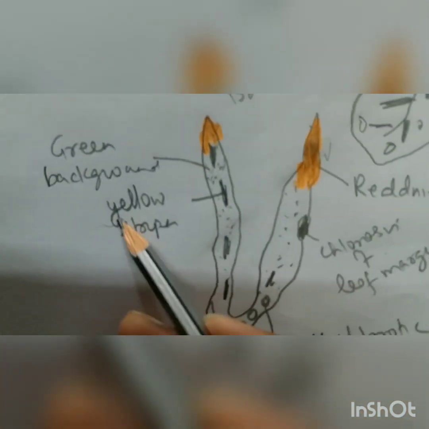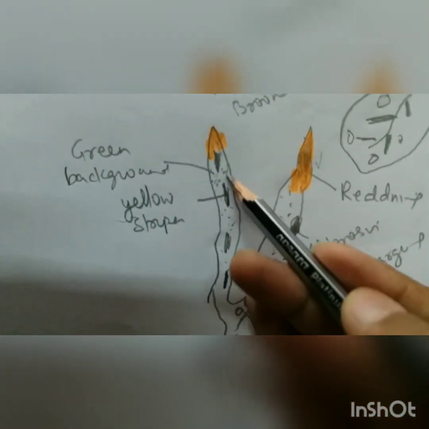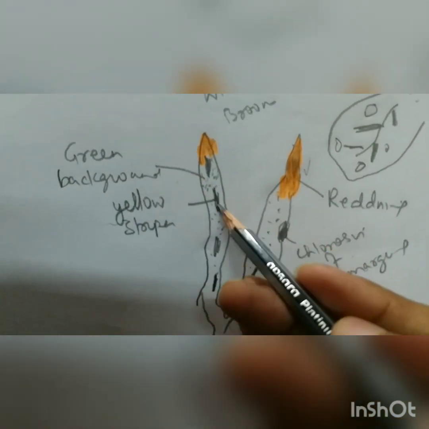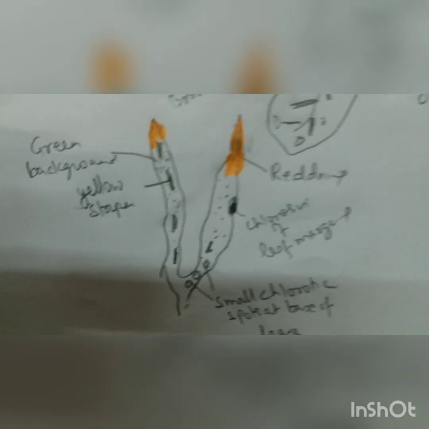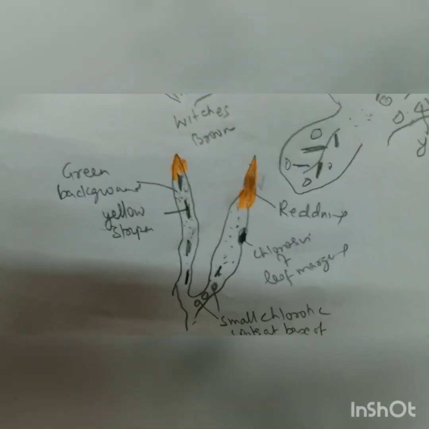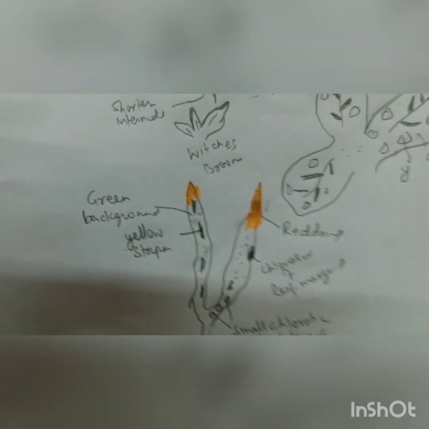These are yellow stripes, and they alternate with the green background. Green background means chlorophyll. So because of this it gives a mosaic pattern, right?